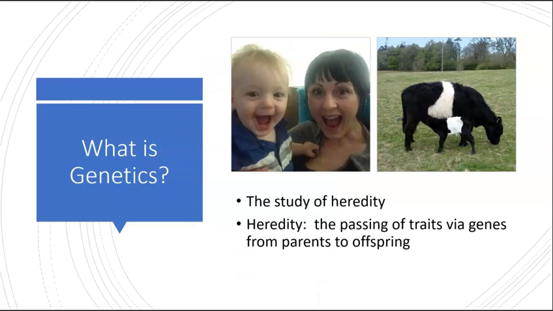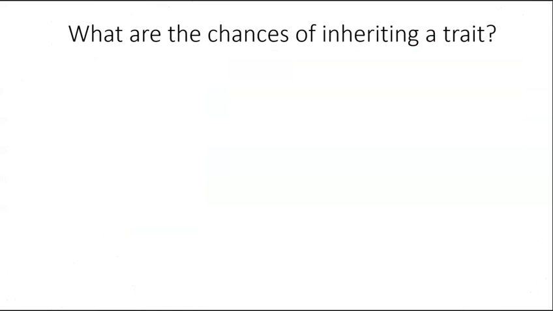So what is genetics? Genetics is the study of heredity, and heredity is the passing of traits via genes from parents to offspring. We can use the letters of the alleles to figure out the chances of inheriting a trait.